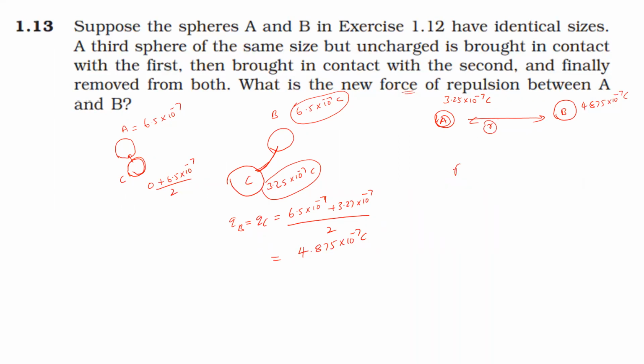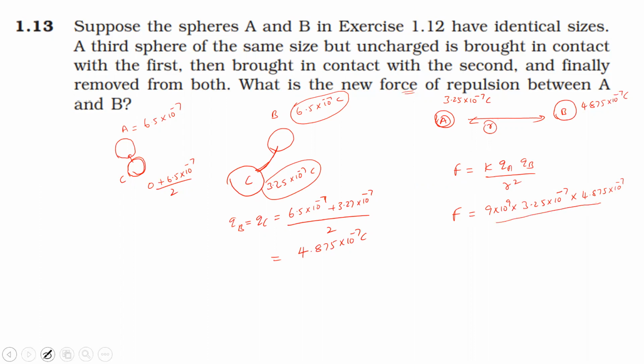Now the new force is equal to K into charge on A into charge on B divided by R square. Force F is equal to K, which is 9 into 10 power 9, and the charge on A is 3.25 into 10 power minus 7 into the charge on B, 4.875 into 10 power minus 7, divided by R square.